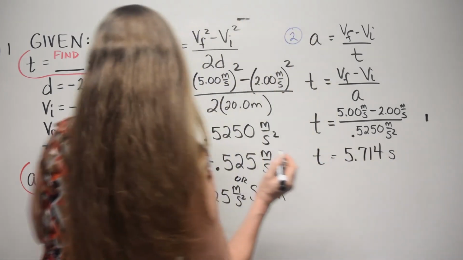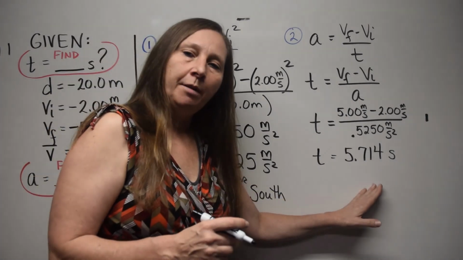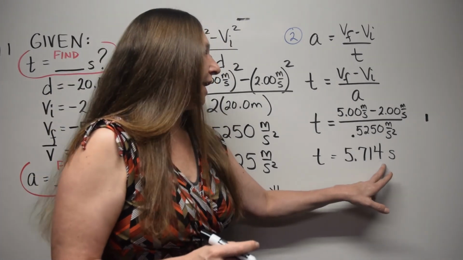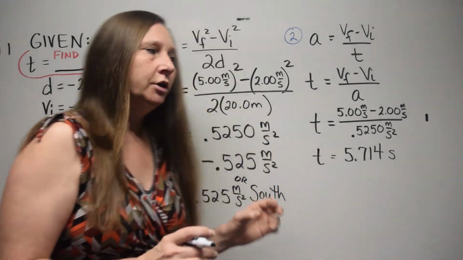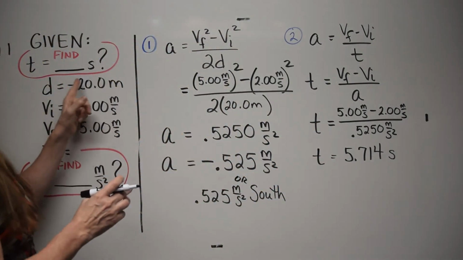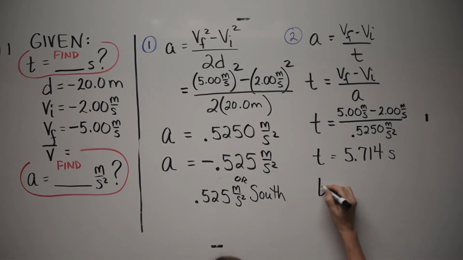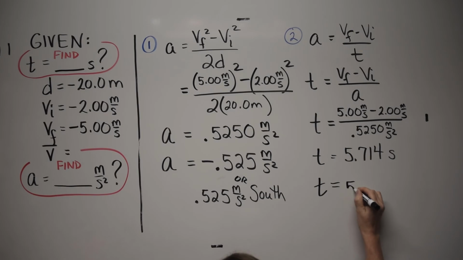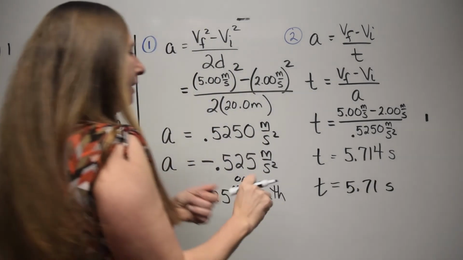If we were going to use this number later, we would use the extra 4, but to report the answer, we report to 3 significant figures. So our correct answer, time equals 5.71 seconds.